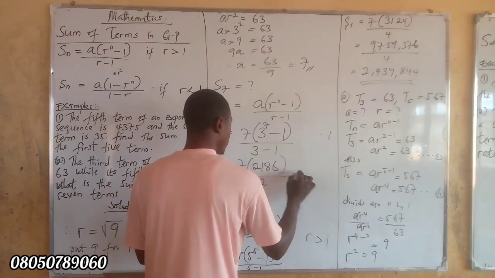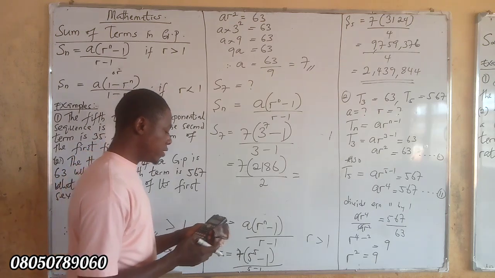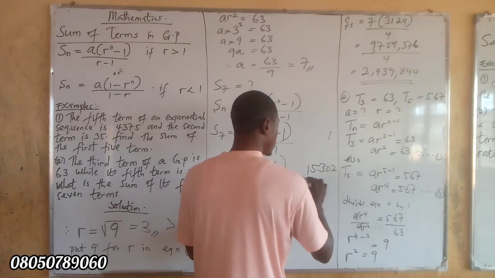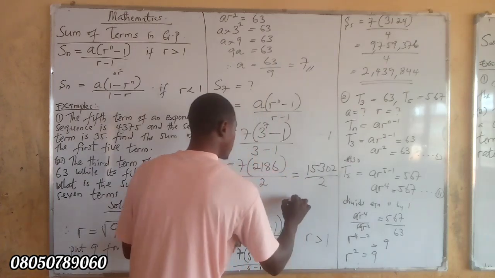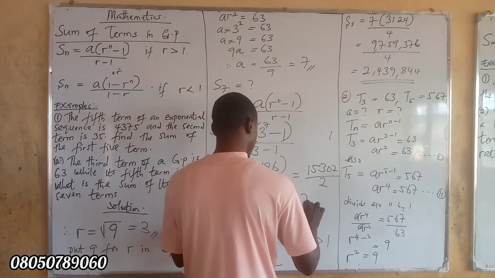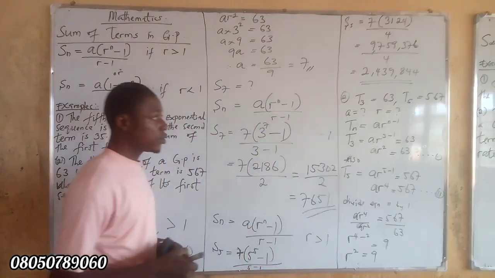So now this is going to be equal to 7 times 2186, which is going to give us 15,302, over 2. By the time you divide it by 2, you are going to get 7,651, and that is the sum.